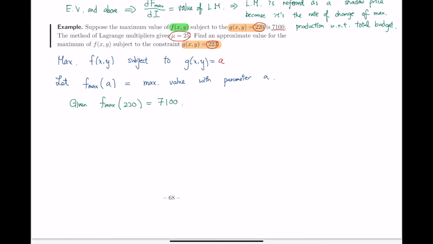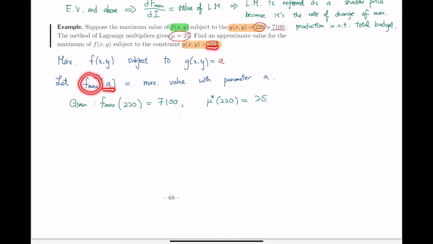Moreover, we also know that the Lagrange multiplier mu* is given, okay, when the parameter is 220, the Lagrange multiplier is 25. Now we're asked to estimate the value of F*, but this time the constraint constant becomes 223. How do we do that?